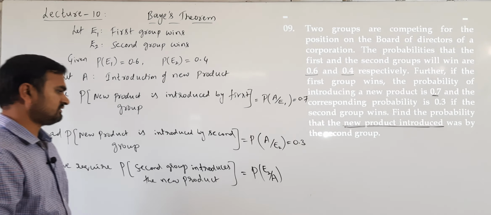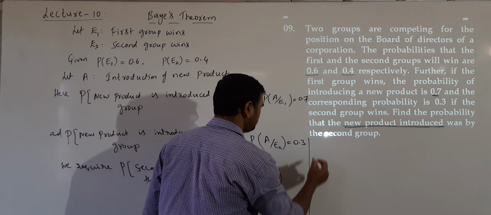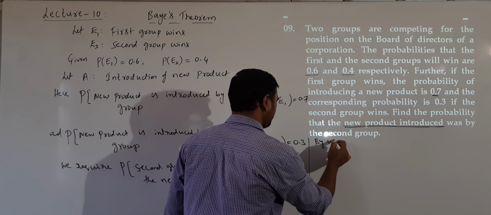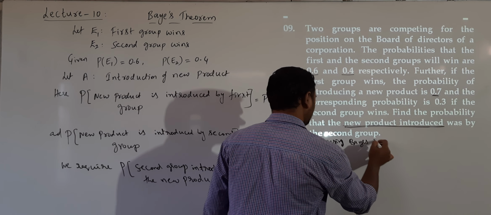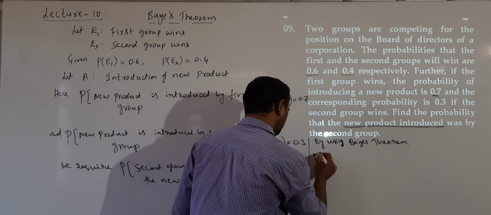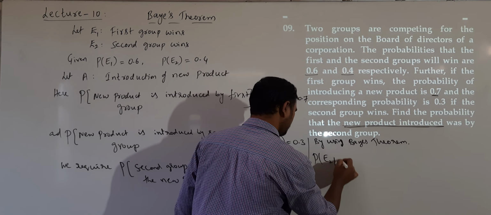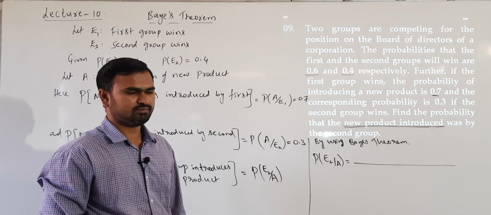So how can I write this P of E2 given A by using Bayes' theorem? By using Bayes' theorem, P of E2 given A can be written as, first we write the denominator, the total probability.